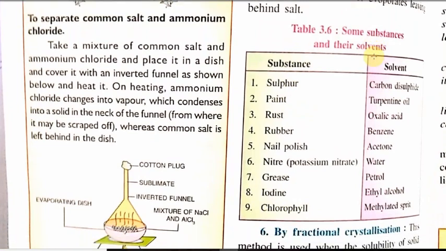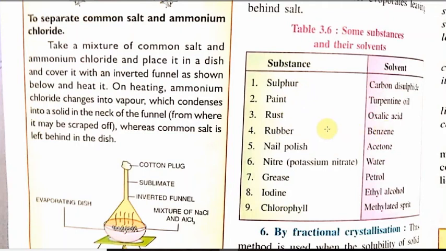Suppose we have a mixture which we want to separate, containing sulfur and rust or rubber. If we apply carbon disulfide liquid, then sulfur will dissolve in carbon disulfide, but rust and rubber will be insoluble.